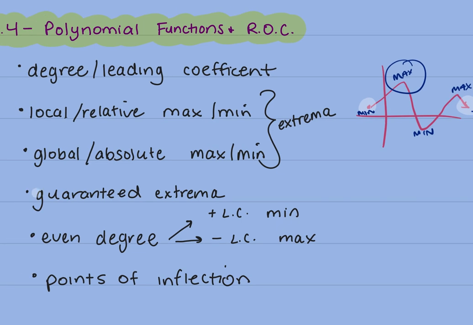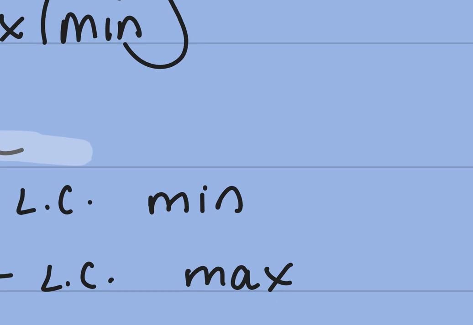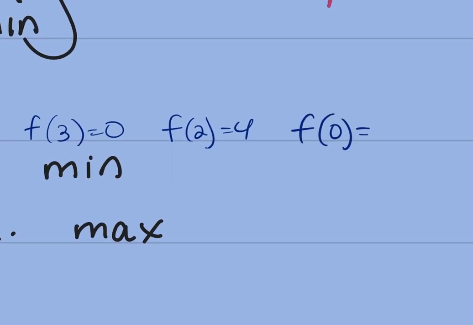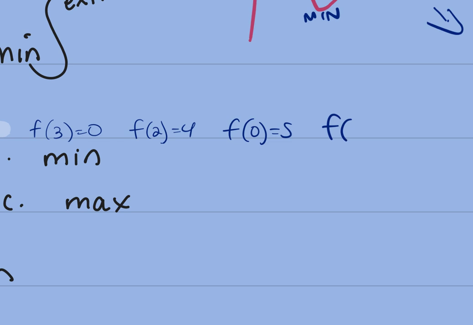Then you got guaranteed extrema, okay? This is where if I have 2 zeros, I know there's guaranteed extrema between there. So if this question had f of 3 equals 0, and it had f of 2 equals 4, and it had f of 0 equals 5, and it had, and I'm totally making this up, so it doesn't necessarily have to work, f of -1 equals 0, okay?